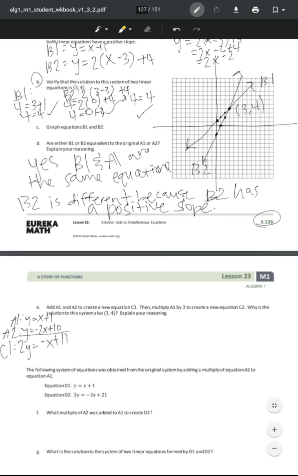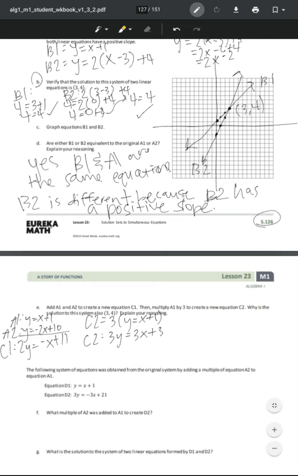Then it wants us to multiply A1 by 3 to get the equation C2. So C2 is going to be 3 times A1, which is y equals x plus 1. So C2 will be 3y equals 3x plus, not 1, plus 3, because we're going to distribute the 3 into the equation.